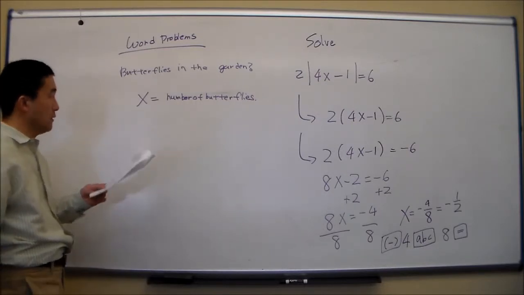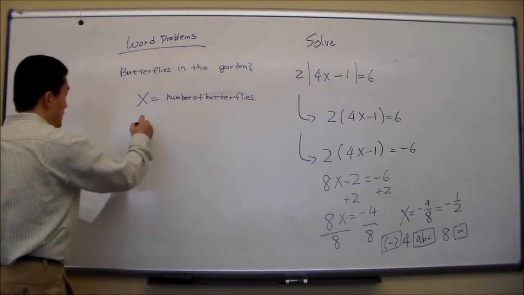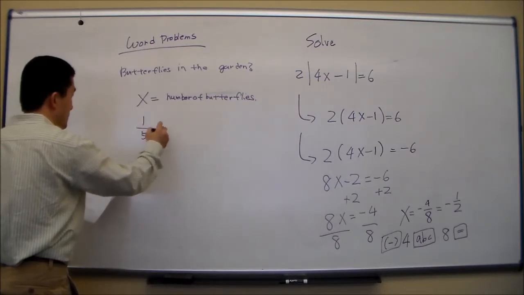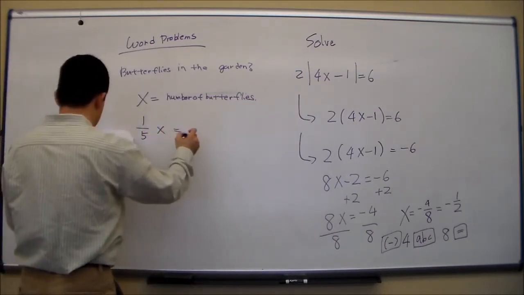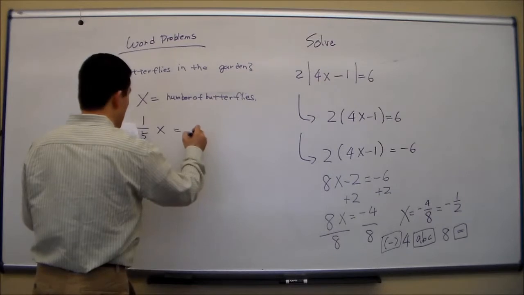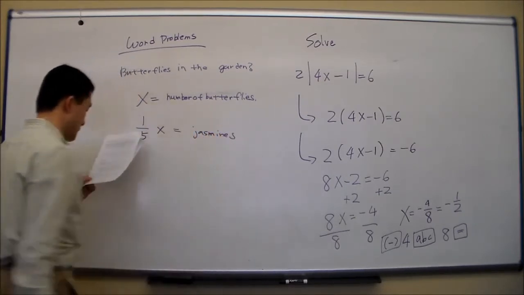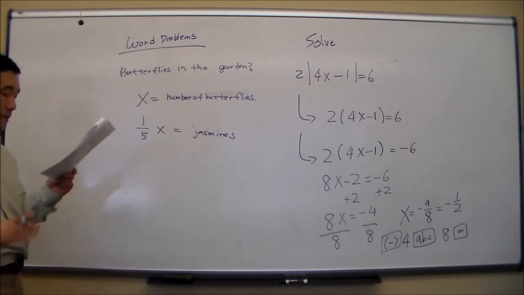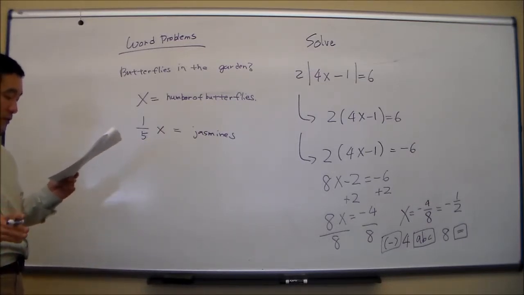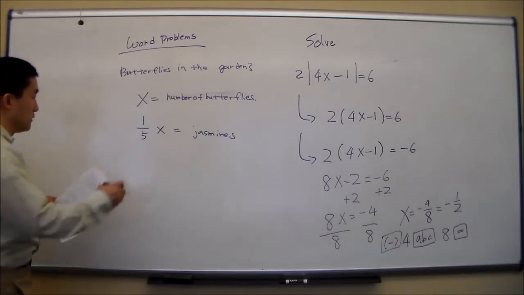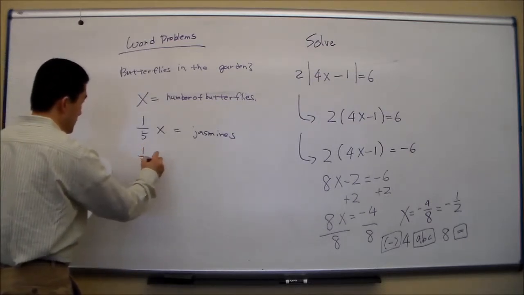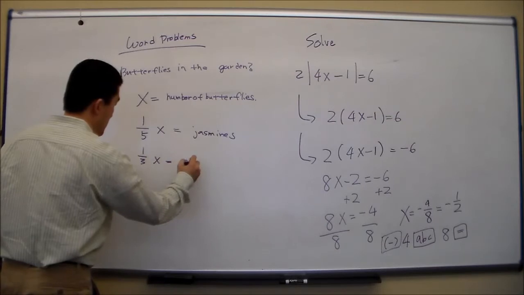Okay, 1/5. So that's a fraction. So these are on jasmines. The second part of the sentence says 1/3 of them are on the roses. So 1/3. These are on roses.